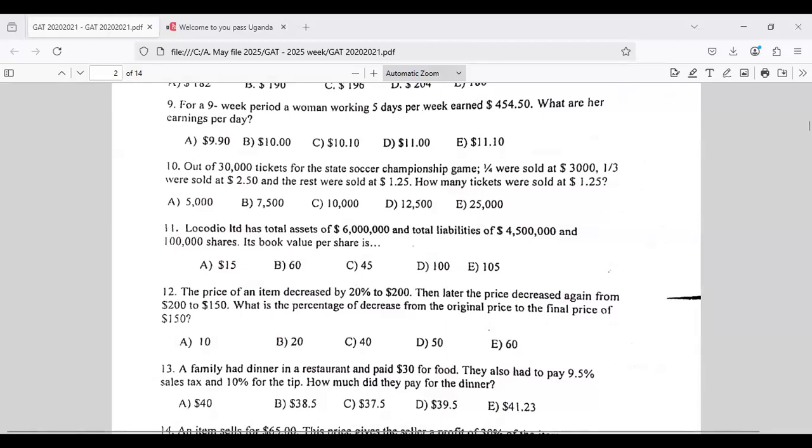Let's start it. So the question was saying that we have a list of 30,000 tickets.